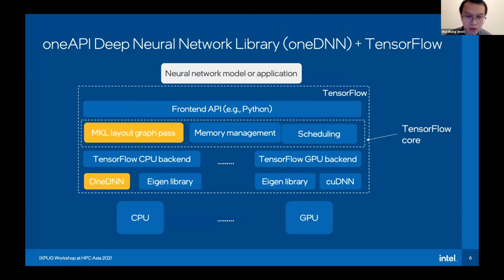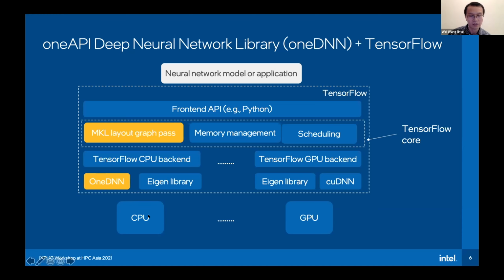So you have heard John talking about oneAPI being a key strategy to form a good ecosystem for people to adopt Intel hardware and use Intel software. So for Intel optimized TensorFlow, we build upon the oneDNN.